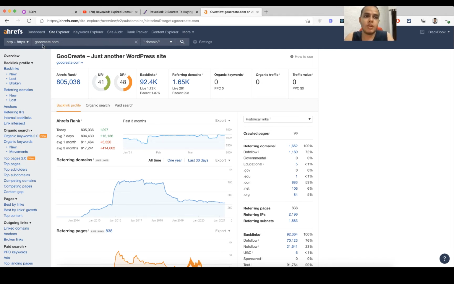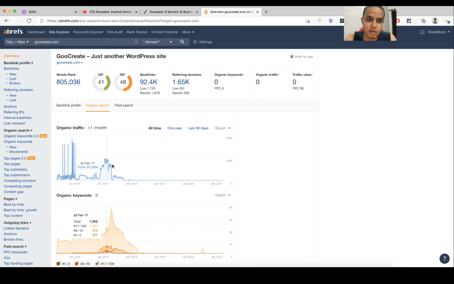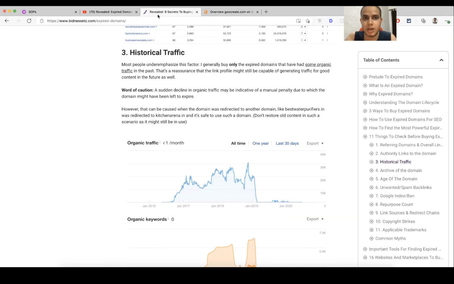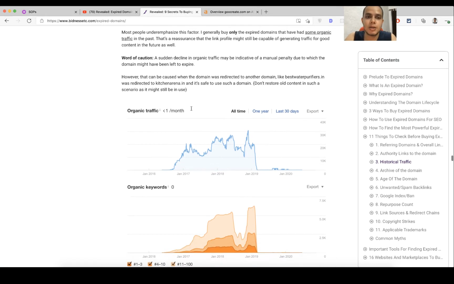For example, if I see this domain, it used to have almost 100k traffic in the past, and when I tested this domain, even though all the links from the other domains had dropped off, it performed really well at this point of time, with just a couple of articles. So whenever we see that kind of a site, it is a good sign for us if it has good organic traffic in the past.